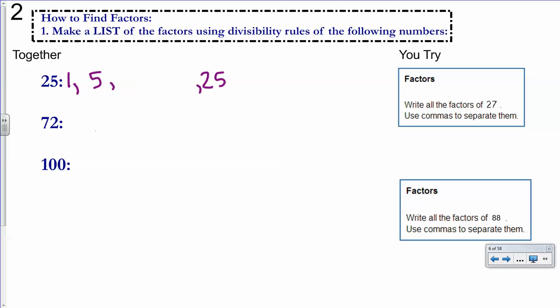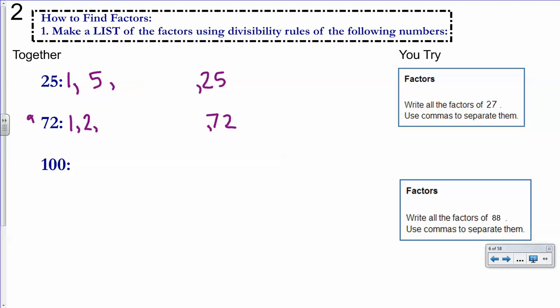When I start repeating numbers, I know that I'm done. All right, so let's take a look at 72. Again, I know that 1 and 72 have to be factors. So now let's take a look at our divisibility rules. When I add up my digits, I get a 9. It's an even number, so I know it's divisible by 2.